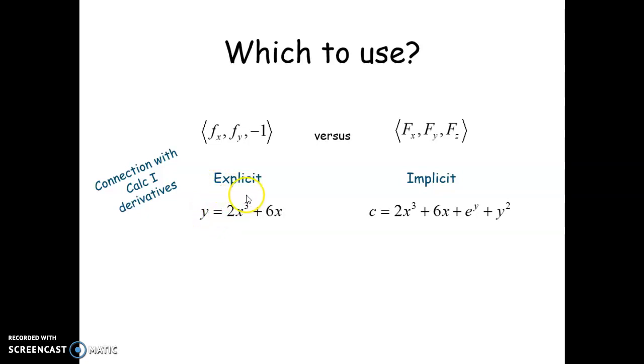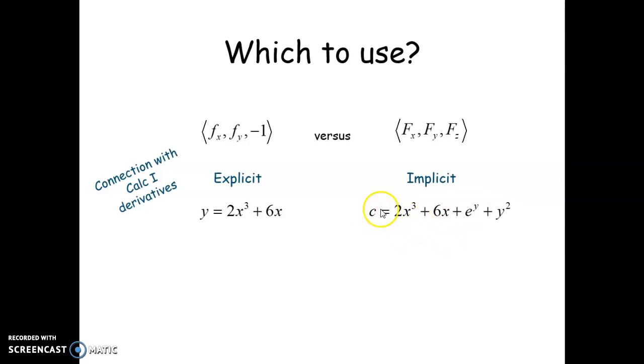But on the one here on the right, the implicit one, please notice that we've got a y inside of an exponential, and a y squared, and algebraically we're not going to be able to solve for that. So if we're going to define the derivative dy/dx, we would have to do it implicitly. We'd have to work around the system a little bit and do some algebra to solve for it. That's what we did before.